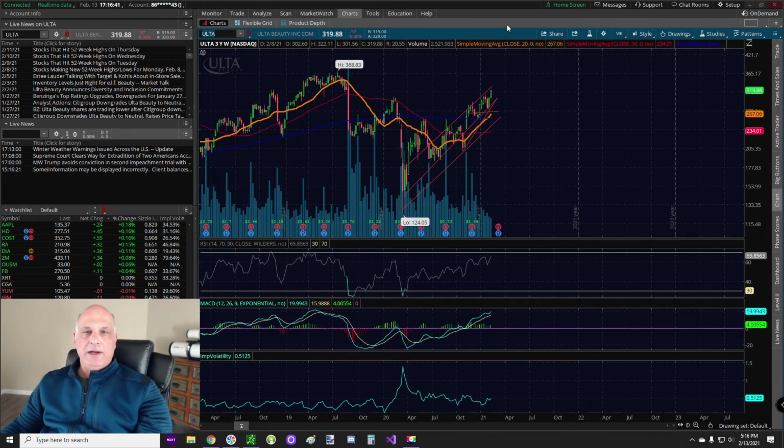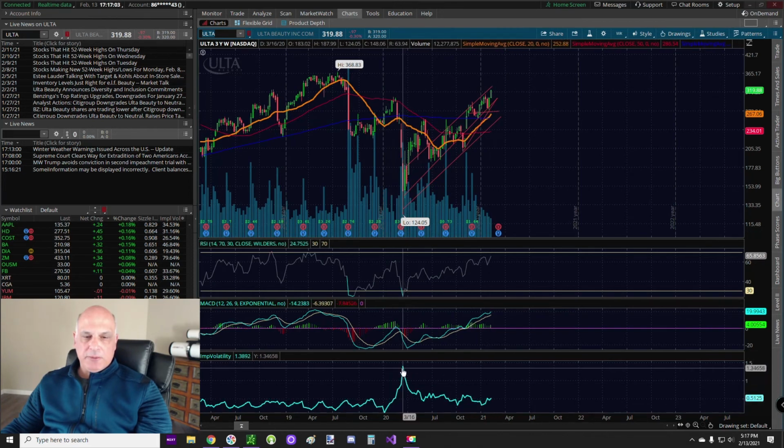Here's an example of how we might use volatility to our advantage and decide whether or not we want to place a trade. As you can see in my TOS platform, I've got a couple of things going on with respect to volatility, always looking at implied volatility. Down below I have the current chart of implied volatility.